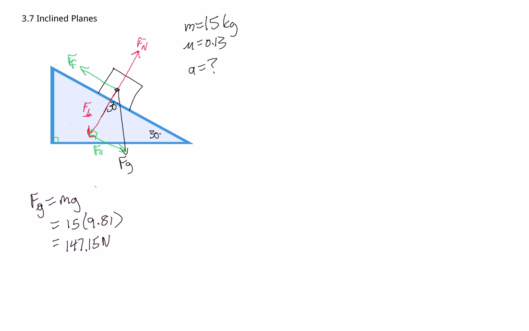So cosine of 30 will equal our perpendicular component divided by 147. If we go cos 30 times 147, we get an answer of 127.